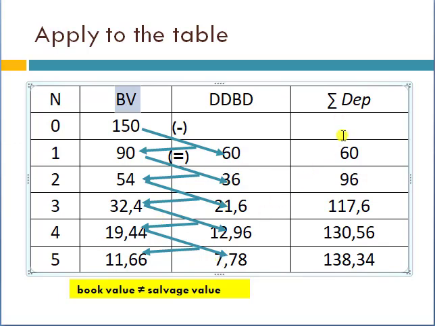The sigma depreciation, you just add up all the numbers in here, and then we got 138.34 as the book value at year 5. But there is a problem: the book value at the end of its life is not equal to the salvage value. So we have to move to another method that will accommodate this situation.